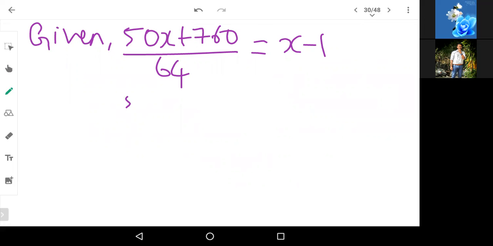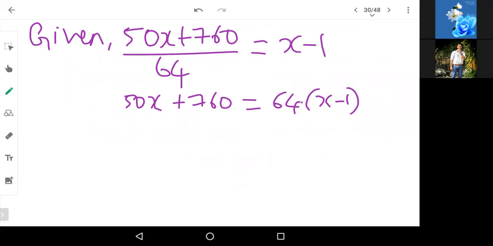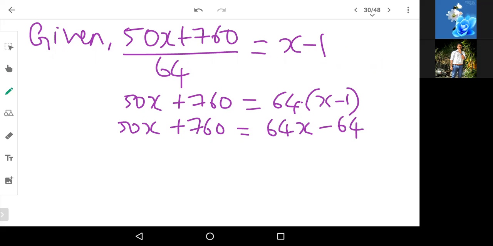So what will happen? 50x plus 760 is equal to, I'll take 64 to the other side, so 64 into x minus 1. So 50x plus 760 is equal to 64x minus 64. Now all the x to one side. So I'll do 760 plus 64 is equal to 64x minus 50x.